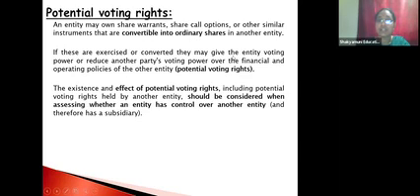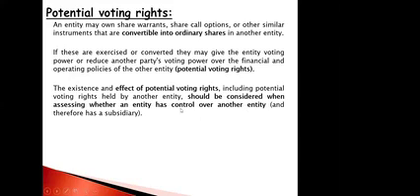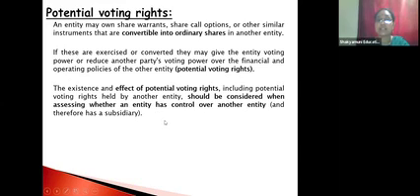If they are converted, the entity will get additional voting rights. That is called potential voting rights. And while assessing whether control exists or not, we have to take these potential voting rights into consideration while computing the control. Understood?